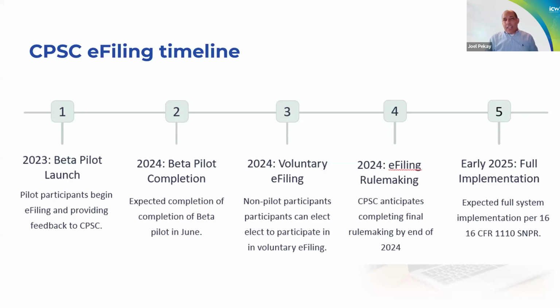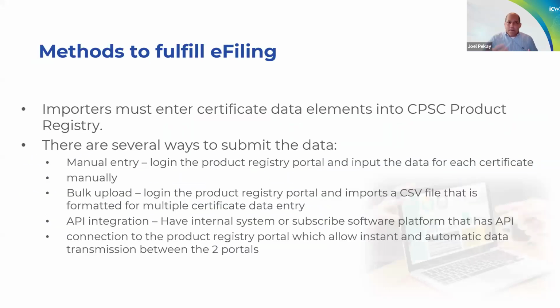There's a variety of things that this can help with, whether it is understanding the electronic filing system, the data formats, and we'll talk a little bit about the options, I believe, methods to fulfill e-filing. You have to enter the data into the CPSC's registry, but there are ways to do this. You could do a manual entry, log into the portal, and enter the data.